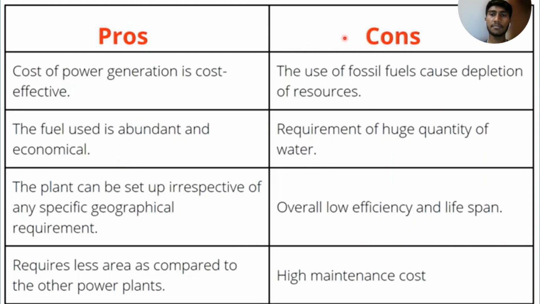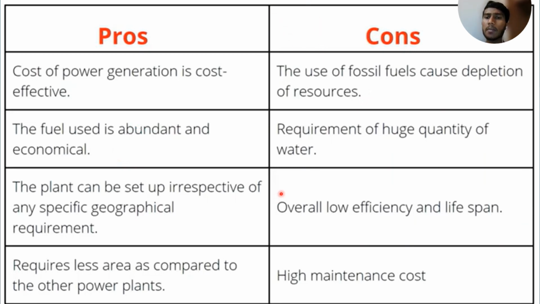So if we come to the cons, the use of fossil fuels can cause depletion of resources. Using these fossil fuels, there will be crushing and burning, so this produces smoke, and it causes depletion of layers such as ozone, because it is smoke, right?